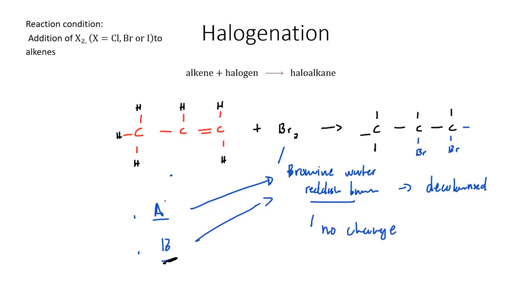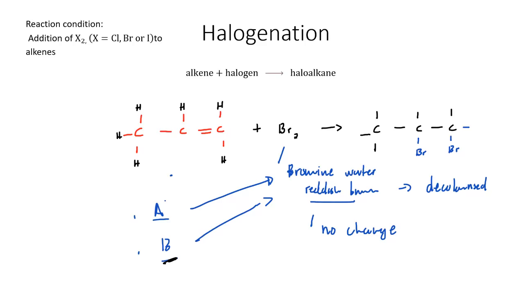So keep in mind, halogenation can be used as a particular reaction to differentiate between unsaturated and saturated organic compounds. If it is unsaturated, bromine water is decolorized from reddish brown to colorless.